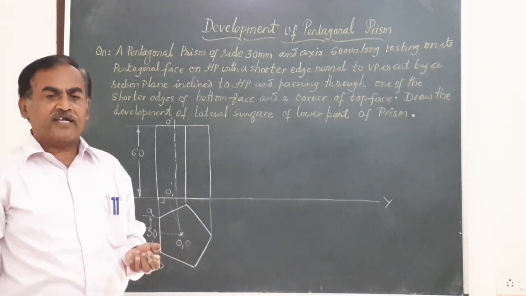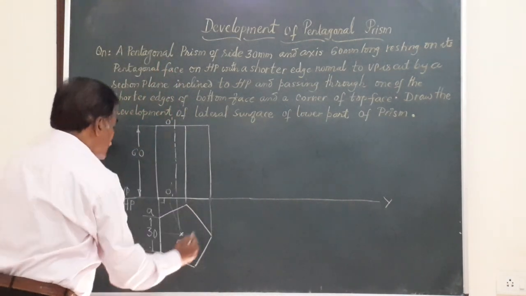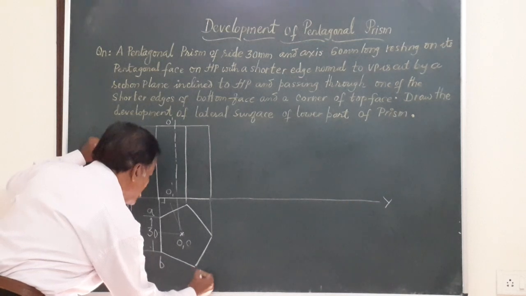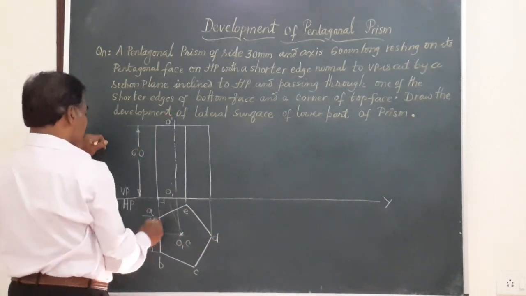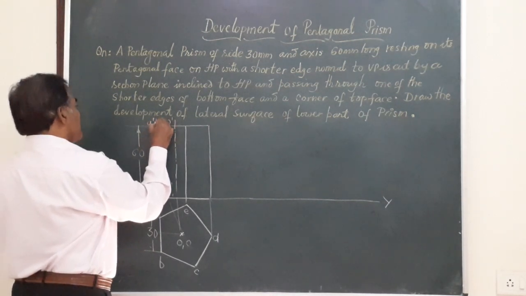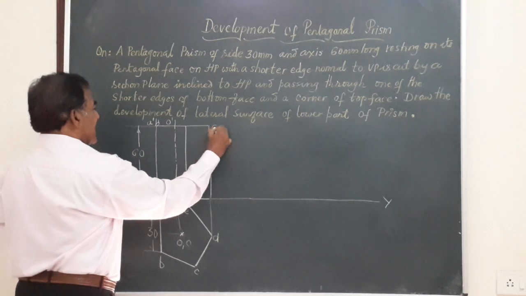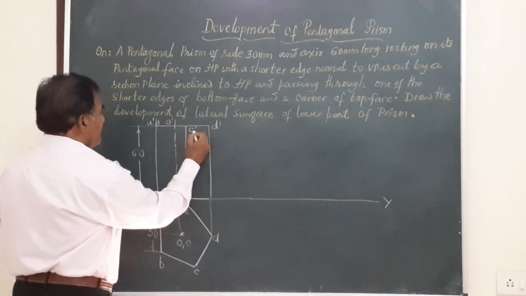After obtaining the front view and top view to the given dimension, let me number these corners. So this is C, point D, this is E. For the front view, this is A dash, B dash, last is D dash, this is C dash and E dash.